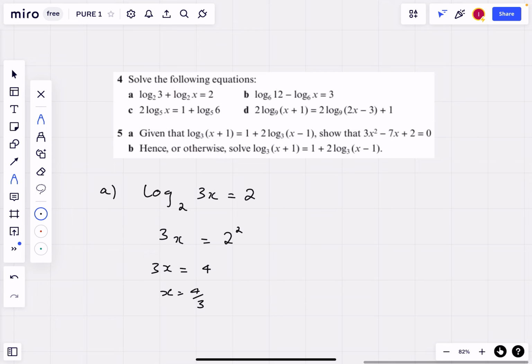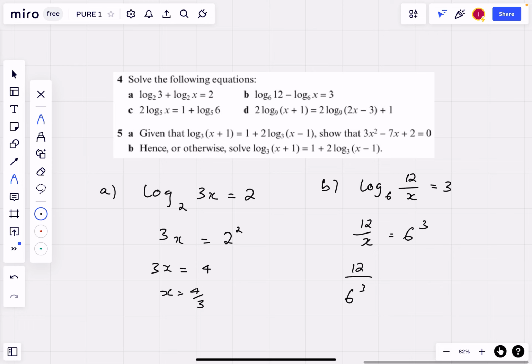Okay, B. We use the subtraction rule, or the division rule. So log base 6 of 12 over x equals 3. We do the equivalence: 12 over x equals 6 to the power of 3.